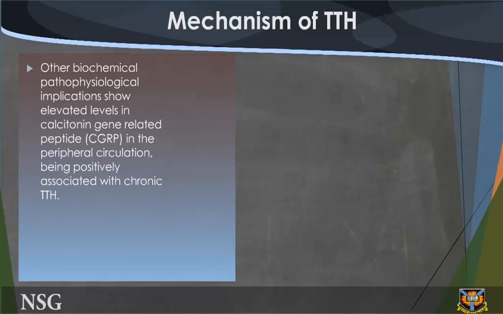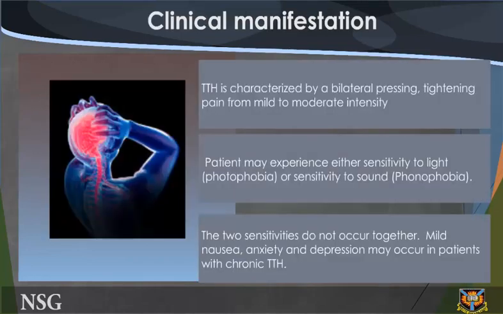Other biochemical pathophysiological implications show elevated levels of calcitonin gene-related peptide, CGRP, in the peripheral circulation, being positively associated with chronic TTH.